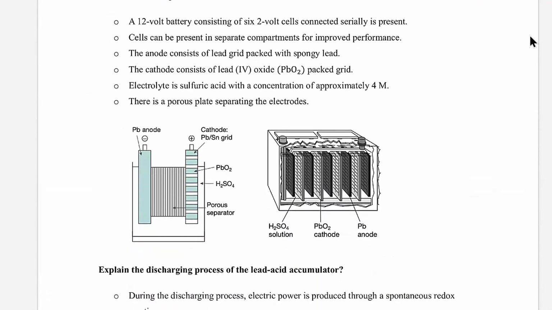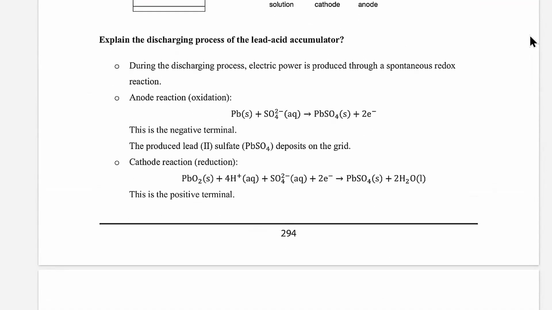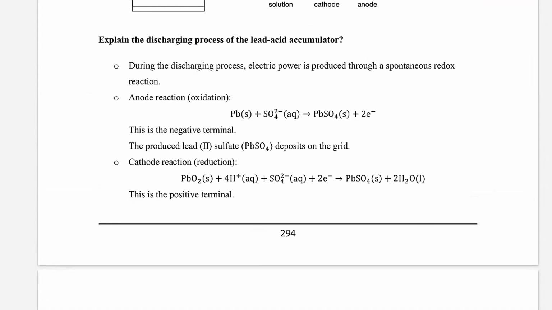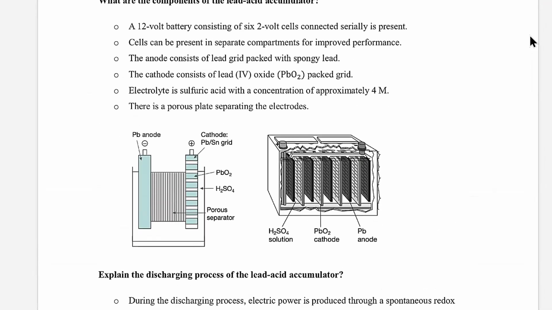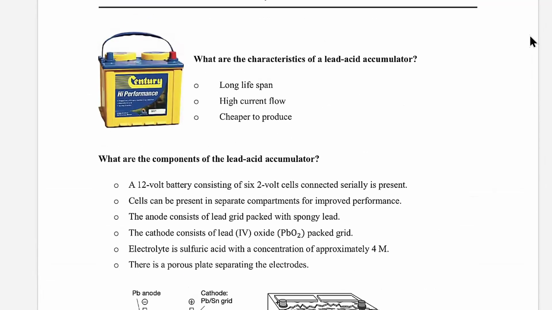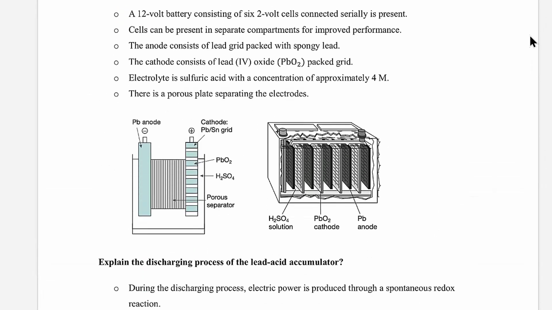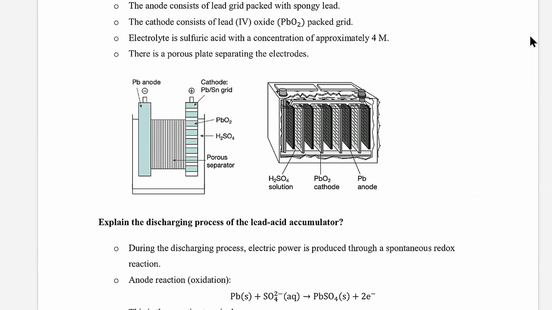Josh will explain this to me. Go through it, Josh. The lead acid accumulator has a long lifespan, a high current flow, and is cheap to produce. Although they are initially more expensive than non-rechargeable batteries, due to its durability it can be cheaper in terms of long-term cost.